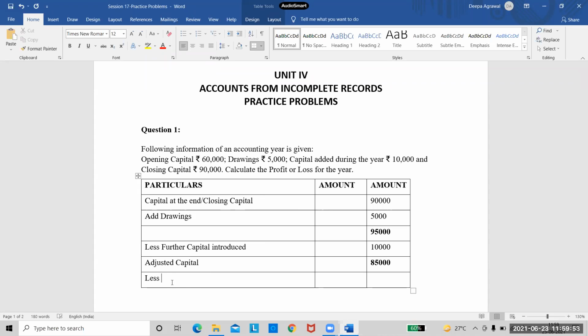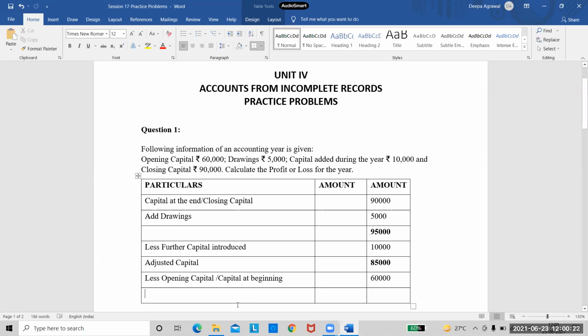Now again, less opening capital, or I can also call it capital at the beginning of the year. I'm writing both so that you remember it can be called either way. And capital at the beginning is given to me as 60,000. So am I going to get a positive answer or a negative answer?